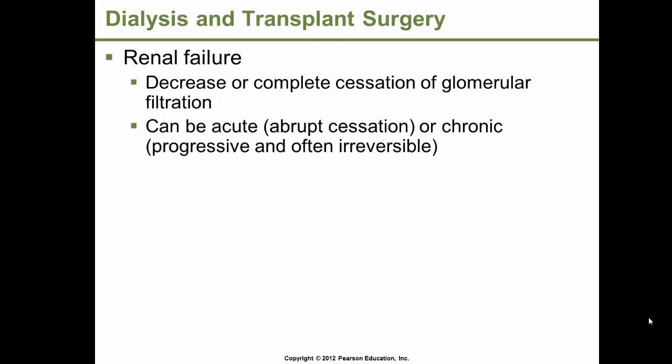Certain drugs can lead to acute kidney failure, as can poisons, low blood volume due to severe bleeding, or even an obstruction by kidney stones. Chronic renal failure can occur over a period of months or years when the nephrons are destroyed.